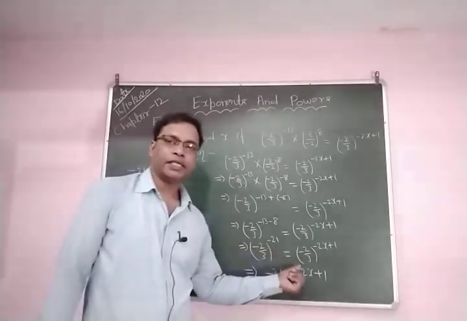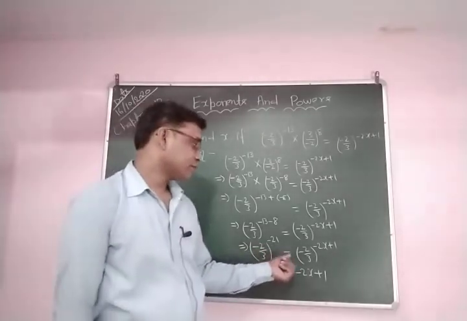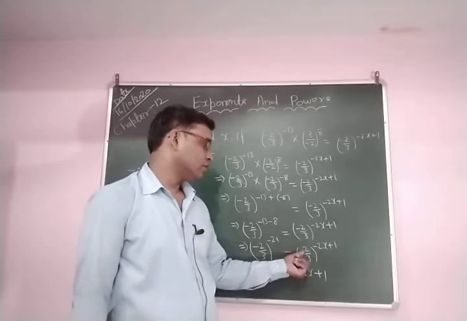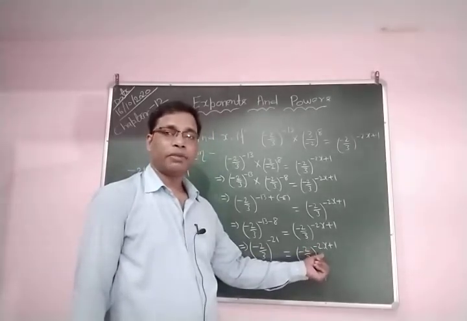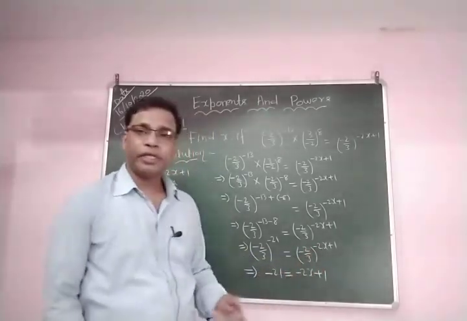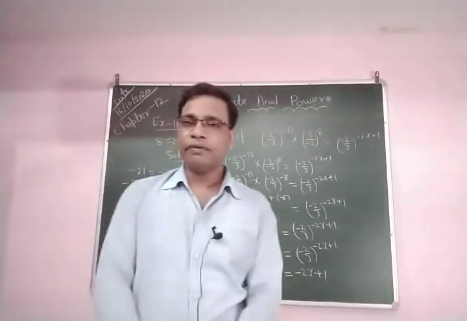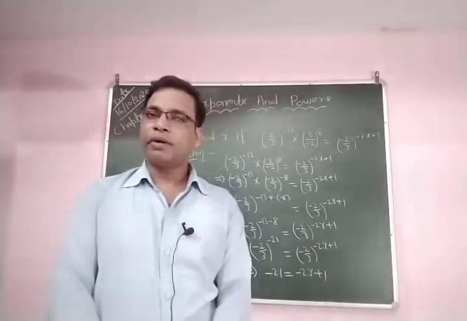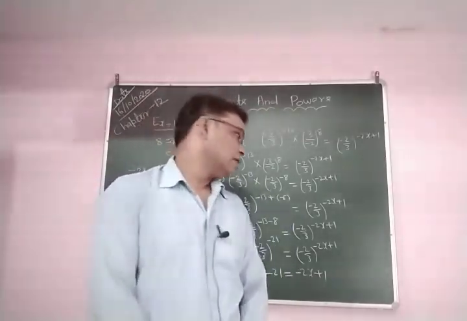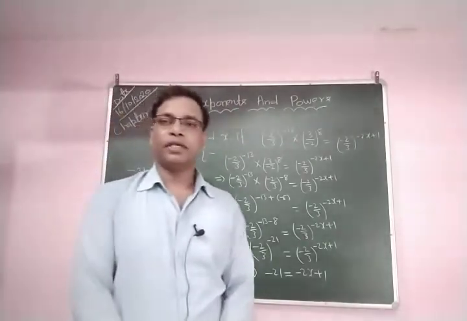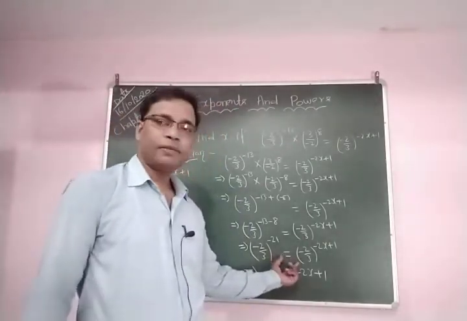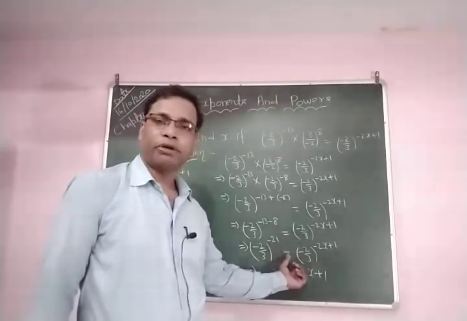Here in the right hand side, you can see this is equal to (-2/3) power -2x + 1. So we know that if the bases are the same, then the powers are equal. In the case of equality, you can say this is an equal sign and the bases are the same, then the powers will be equal.